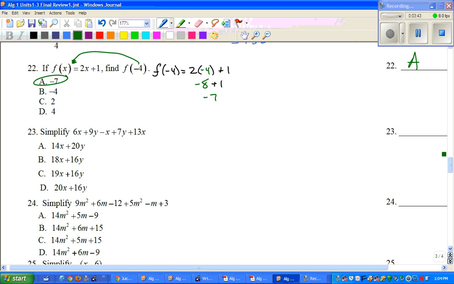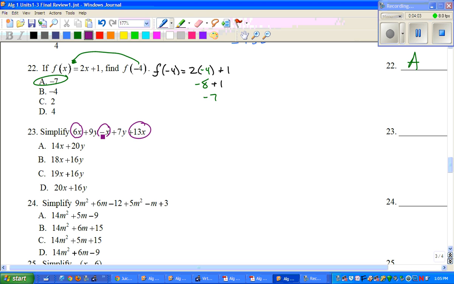All right. Simplify 6x plus 9y minus x plus 7y plus 13x. All right, so what I want to do is I'm going to find all of the x's. So that's 6x minus x plus 13x.